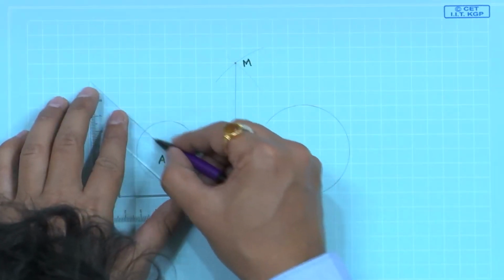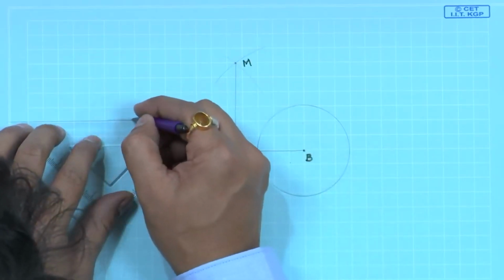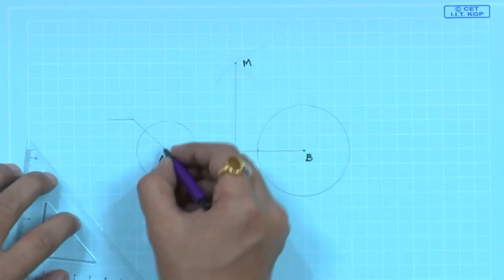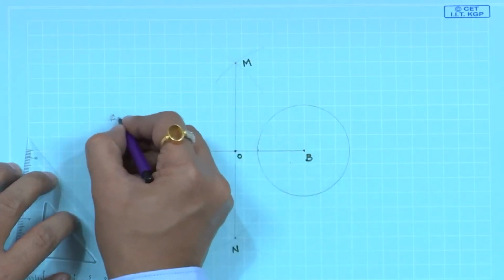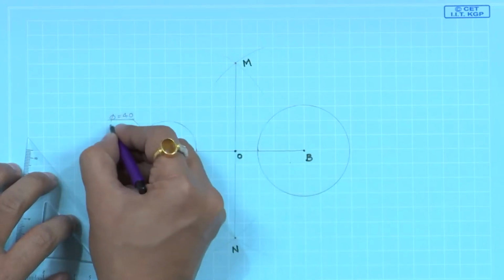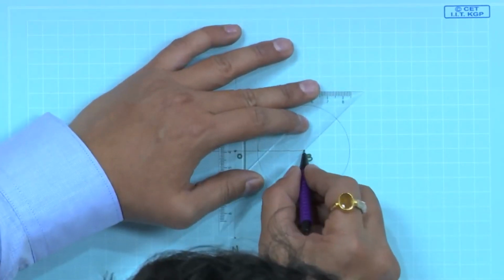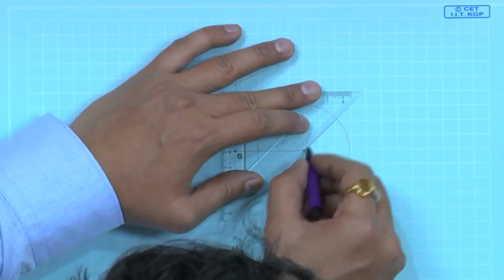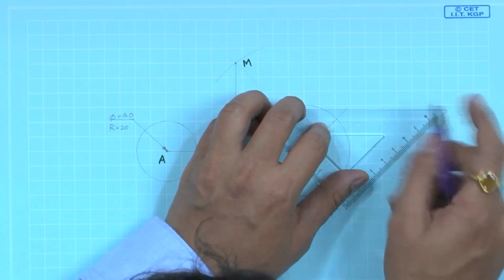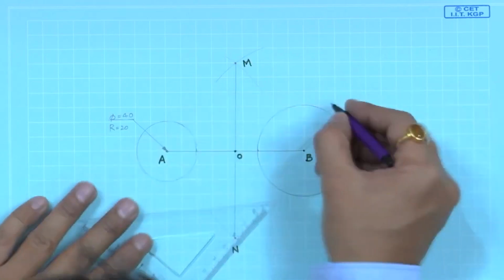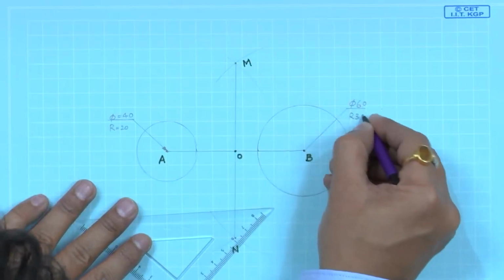The diameter is 40 mm for this. Diameter is 40 mm, radius is 20. Diameter is 60, radius 30.